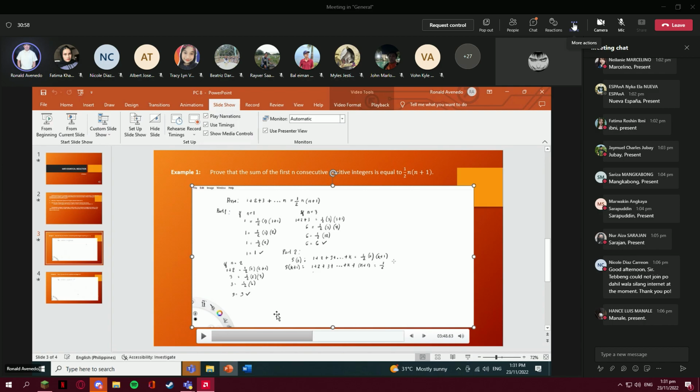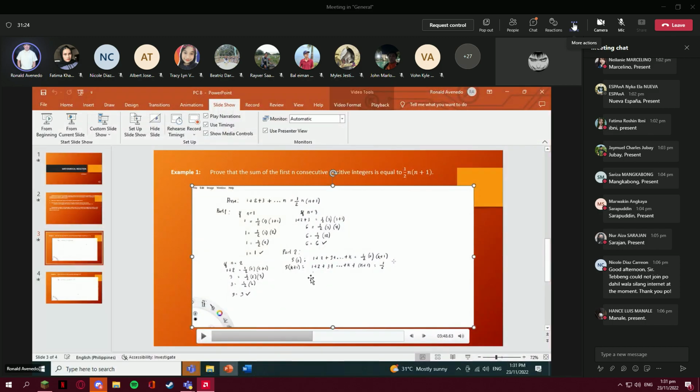Bakit k plus 1? We don't know the value of k, so we will just write it as k plus 1. The idea is, the next digit, you will add 1 because of the given pattern. Kasi 1, then the next number is 2, then 3, the possible next number is 4, then 5, and so on. So if the last number is k, the next number would be k plus 1.